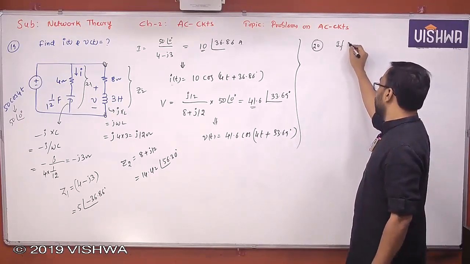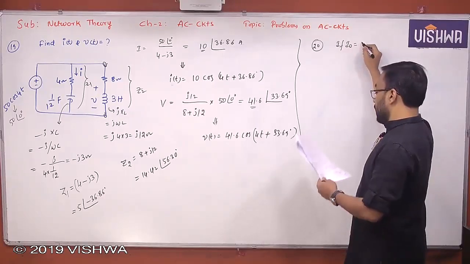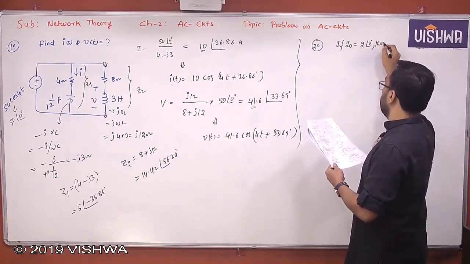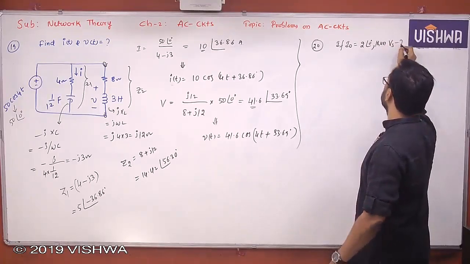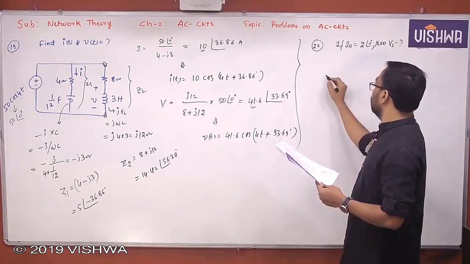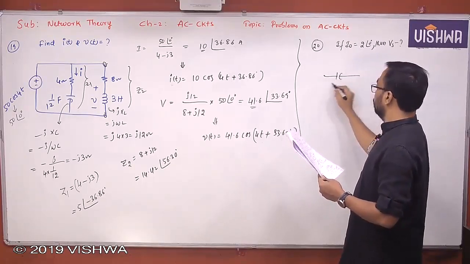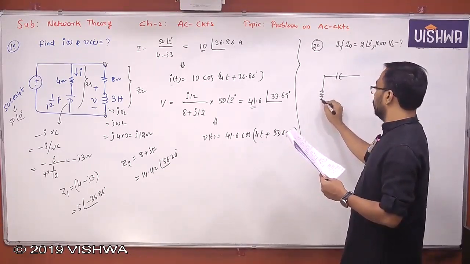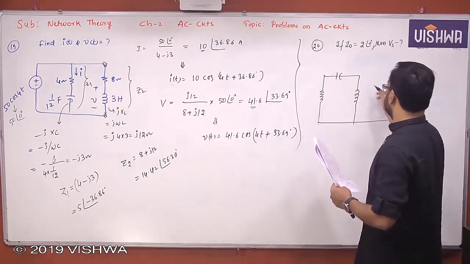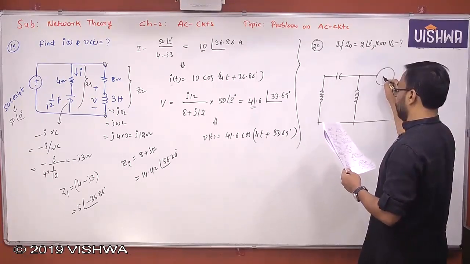Another problem. If I naught is 2 at an angle of 0, then what is Vs? This is the circuit given.